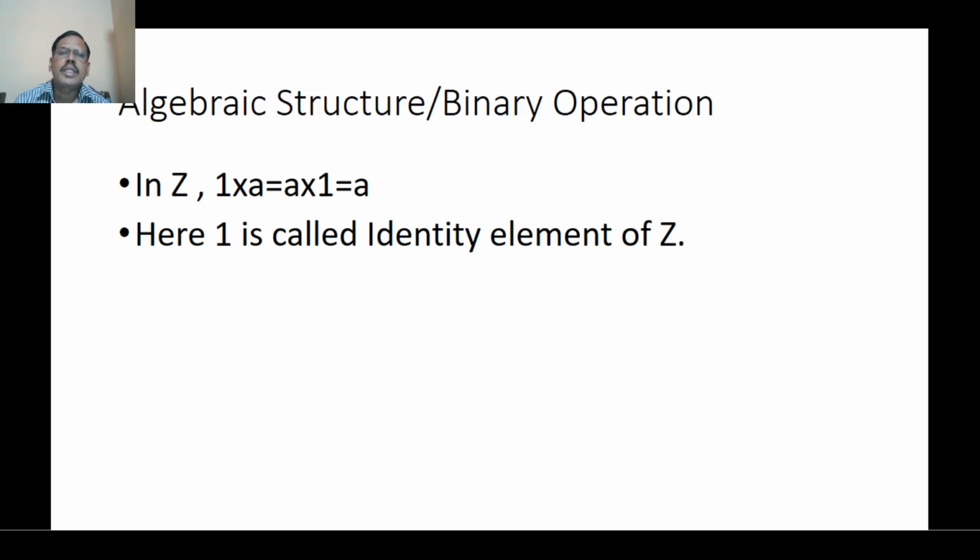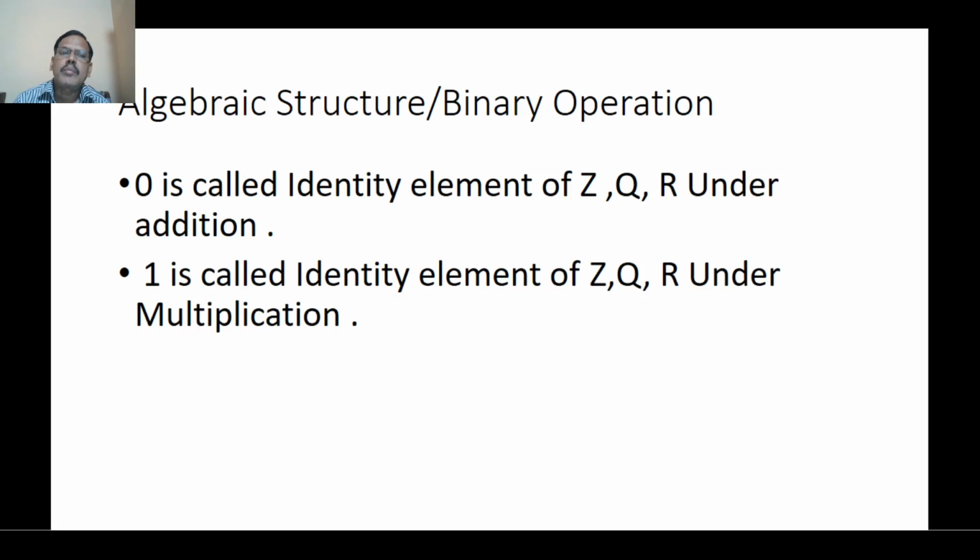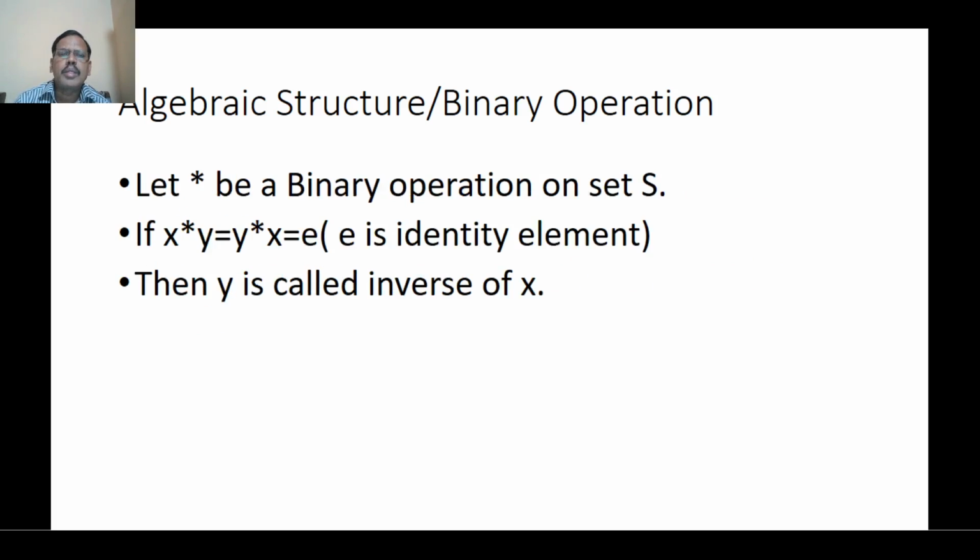Here 1 is called the identity element under multiplication. So in total, 0 is called the identity element of Z, Q, R under addition, and 1 is called the identity element of Z, Q and R under multiplication.